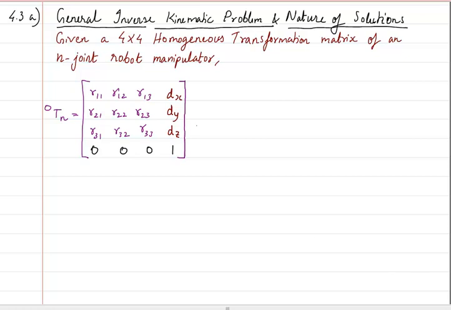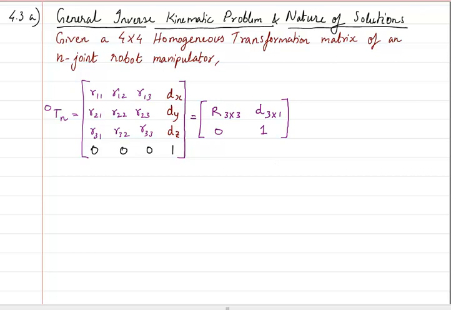We generally write it in short form as an R matrix, which is a 3 by 3 matrix, followed by a row of three zeros. Then we have a D matrix, which has 3 rows and 1 column, and a 1 in the bottom. So this is basically the transformation matrix.